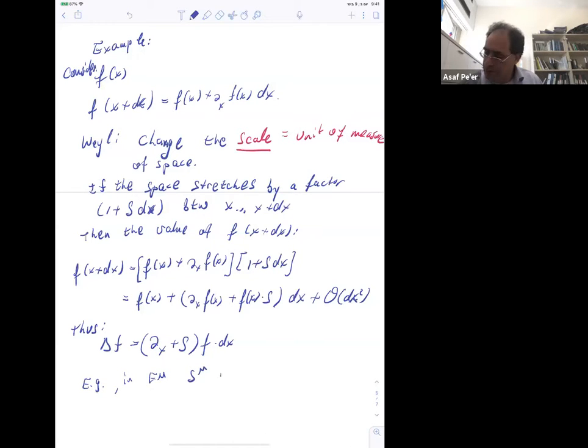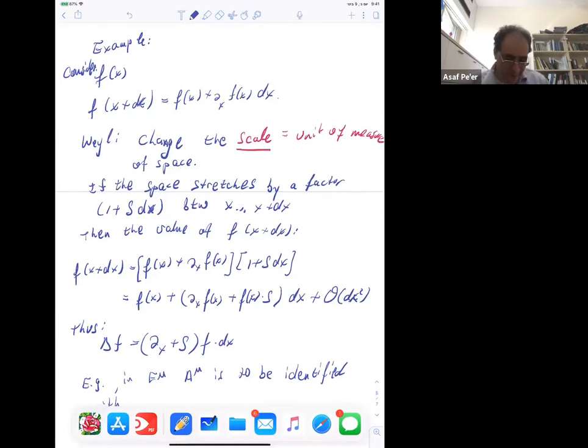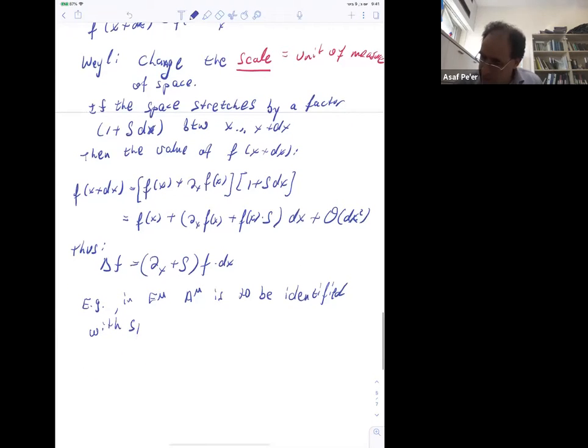Or I should say the opposite: A mu is to be identified with the space-time dependent generator S mu.